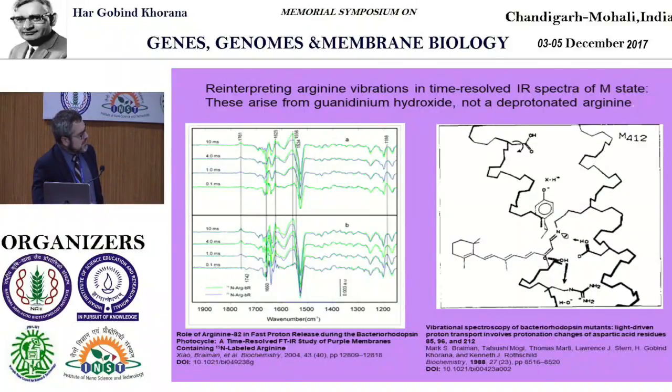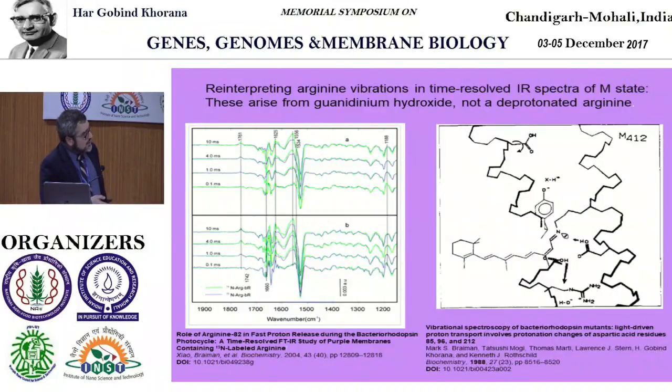This is probably my most cited paper with Gobind in 1988, in which we drew the structure of M as having a hydroxide bound to arginine 82 and serving as the proton release group, this water molecule that was present in the L state, losing a proton to form this arginine hydroxide.